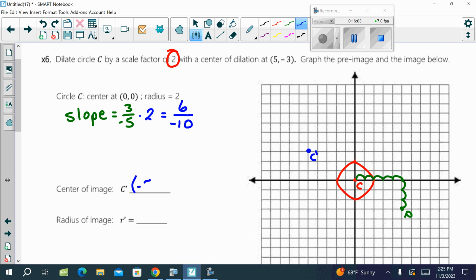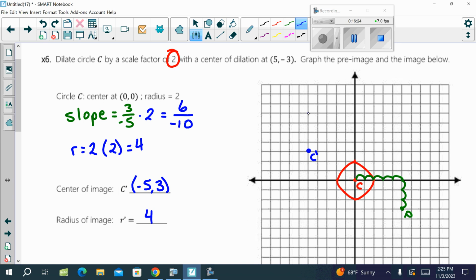Okay, so write that down. And then we need our radius. So if our radius started as 2, and our scale factor is 2, what's our new radius? 4. So our R prime is 4. So I'm going to go around C prime.